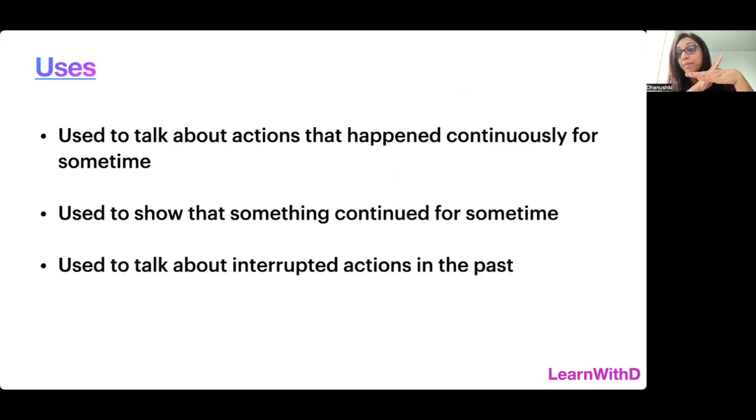That is an interrupted action. An example: when I was watching TV, you called me. So I was watching TV and you called me. That is an interrupted action. Now remember, both of these actions are in the past. So when we talk about interrupted actions, we use the past continuous.